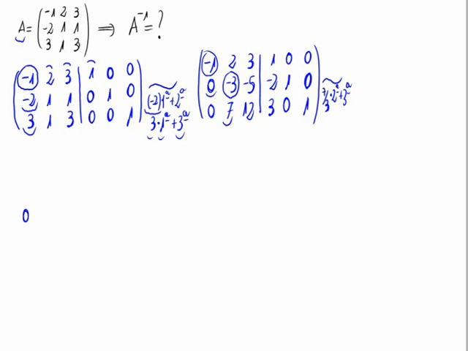So now we multiply 7/3 times the second row. 7/3 times 0, 0. 7/3 times -3, -7. 7/3 times -5, -35 over 3. 7/3 times -2, -14 over 3. 7/3 times 1, 7/3, and 7/3 times 0, 0.